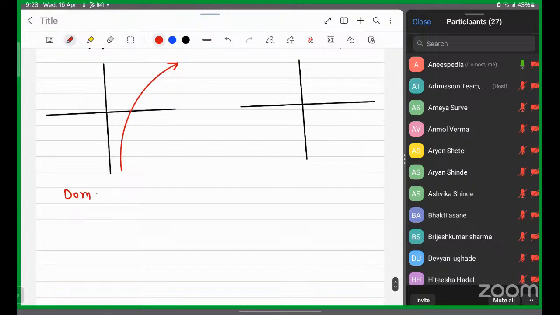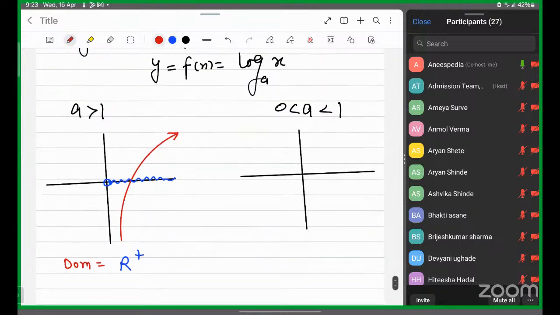Domain, from the graph, it is clear that it can take only positive values. So the domain will be R plus, open. In logarithm, we cannot input 0 also, so we can input only positive values. In case of a between 0 and 1, the graph will go like this.